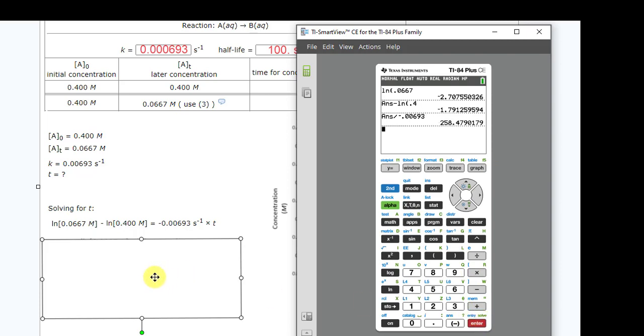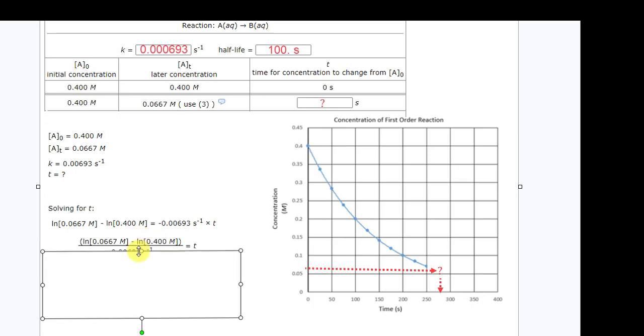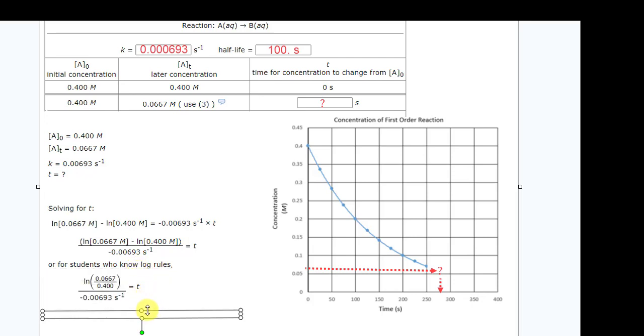There we go, 258 seconds, which, let me see. Yep, that's going to be somewhere around here. I thought maybe a little bit further, but we've got our calculation right there. Let me just pull the rest of this down and show how we've done that calculation. And also, we could have done it another way. If you're clever with logs, you could have just done the natural log of 0.0667 divided by 0.4 divided by this.